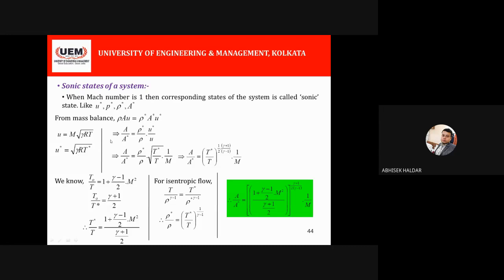So this is all about the sonic states of any particular system, system meaning any particular isentropic flow. And again I am repeating, A star is the throat area. You may have to find this out for different problems, it will be asked to solve.